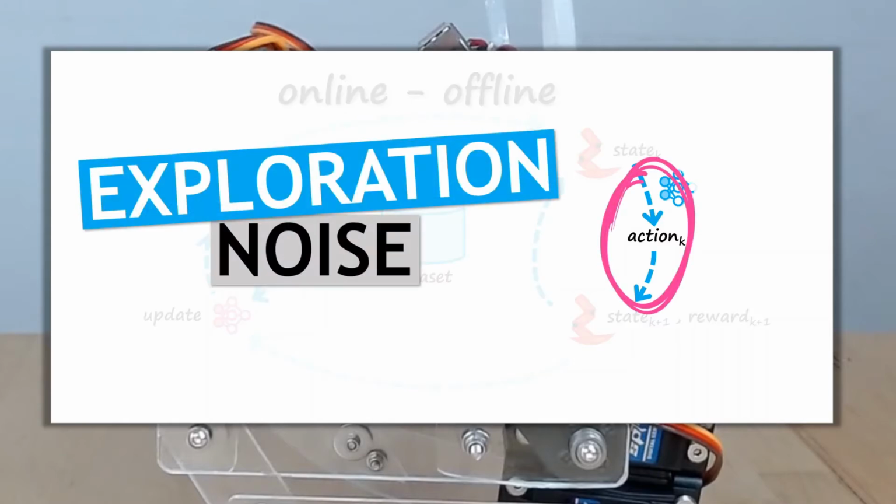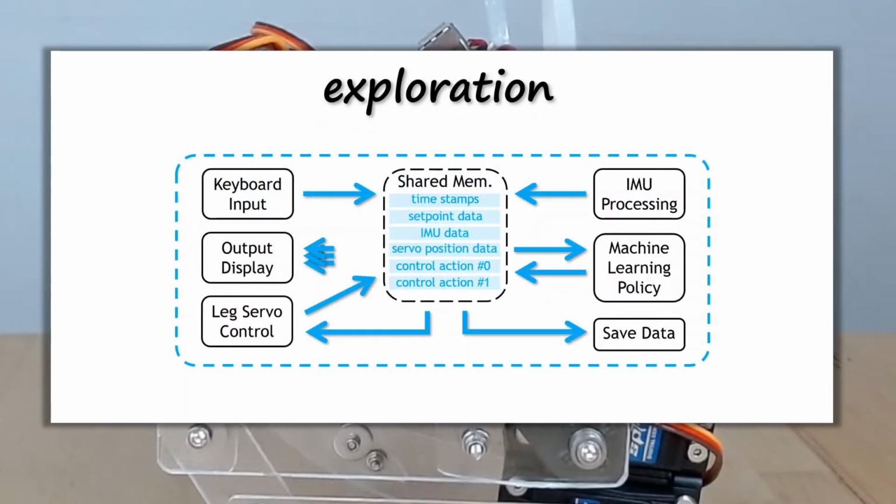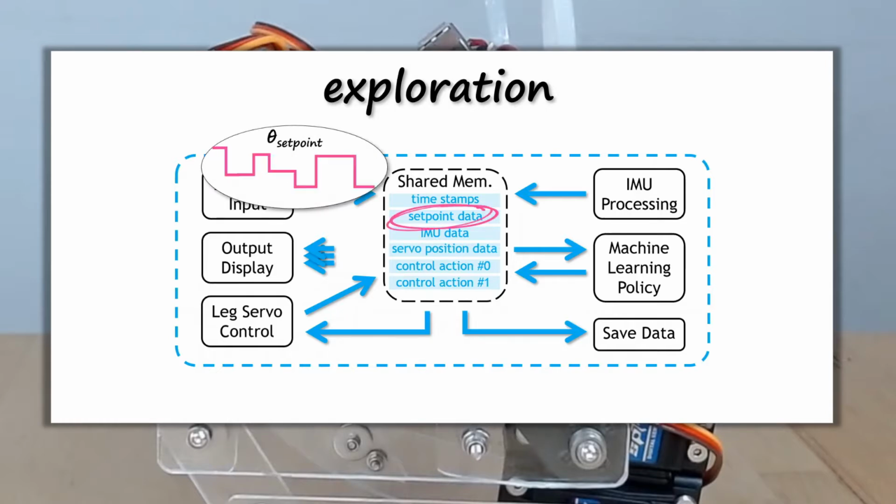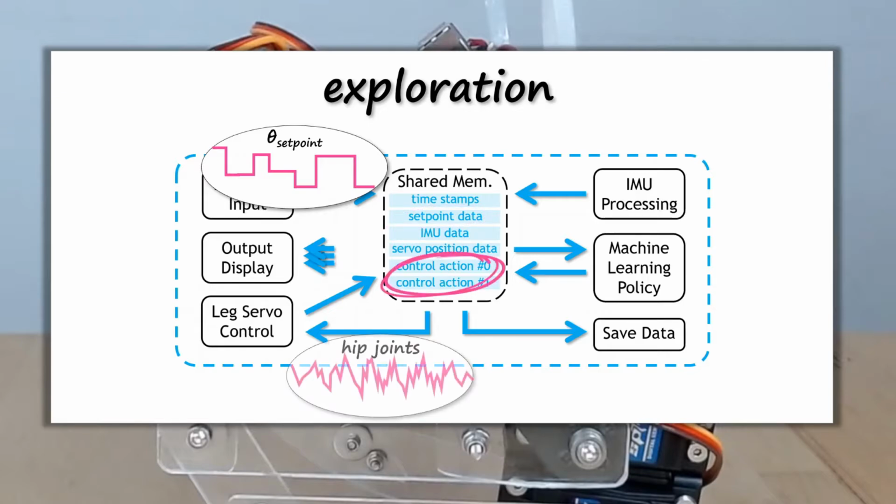Next step, the actions. When taking the actions and collecting the training data, it's important that the system can go exploring outside the scope of the current control policy. So when grabbing the training data, several sources of noise are injected. For the incoming pitch set point, random step changes are added. And on the control actions sent to the hips, low-pass filtered Gaussian noise is added, as well as some random step changes.